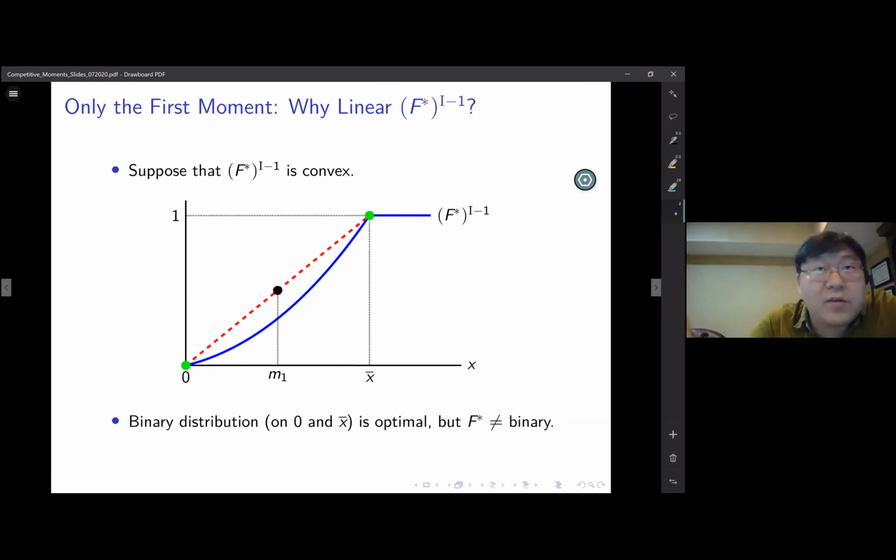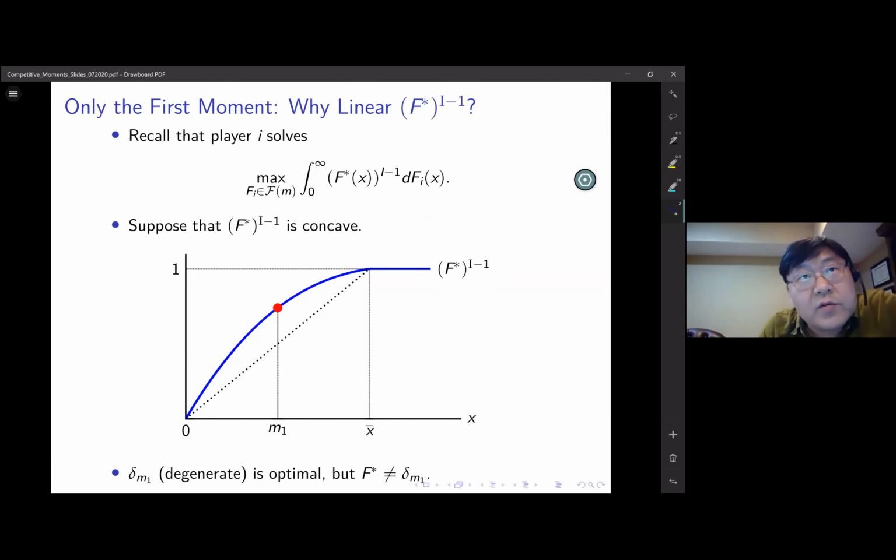Again, this is just standard concavification. But again, we know that this given distribution f star is not a binary distribution, so this also cannot be the case in equilibrium. In fact, you can apply these two arguments locally to every subinterval.